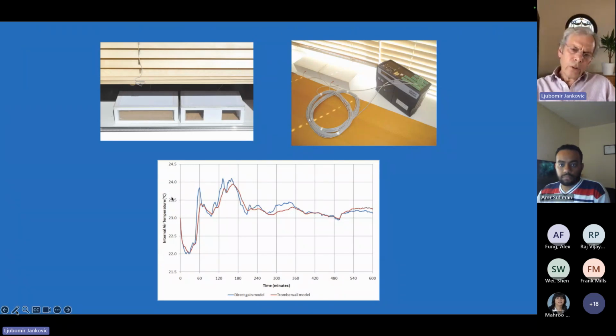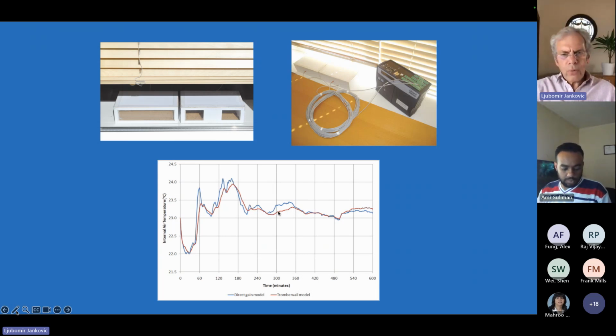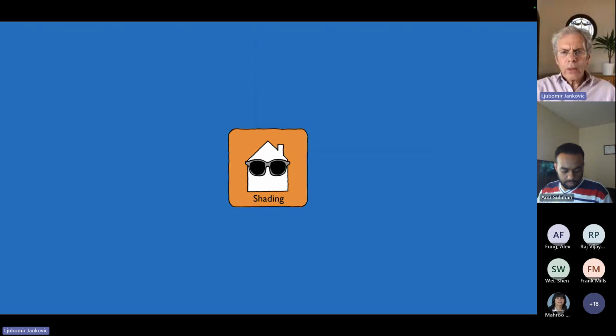In the monitoring of the internal temperature, it shows that there's much more rapid temperature rise and fall in the direct gain model, this one here, than in the Trombe wall model. So the red line rises slower and falls down slower.